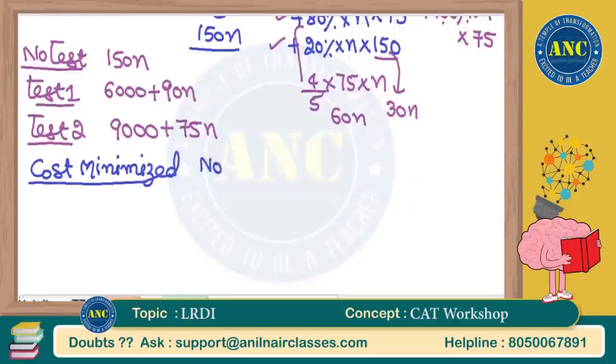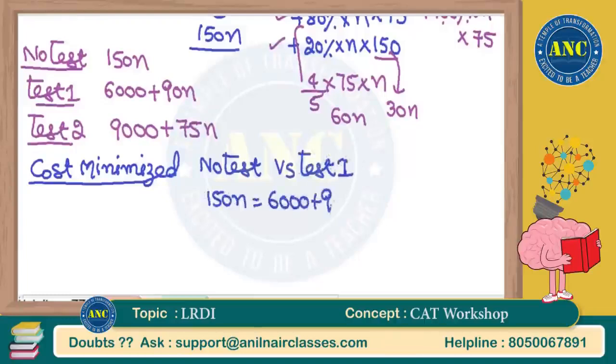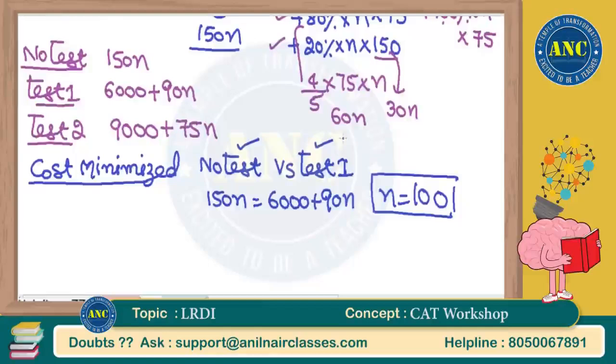Suppose I do no test versus test 1. So 150 yen n is equivalent to 6000 plus 90 yen. So n is 100. If 100 defective chips are there, I can use either no test or test 1. Let me take what will happen if n is less than 100.